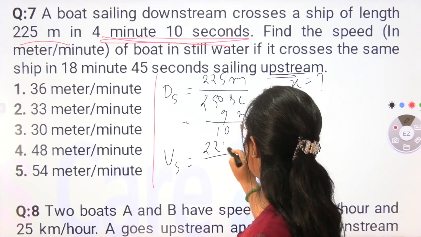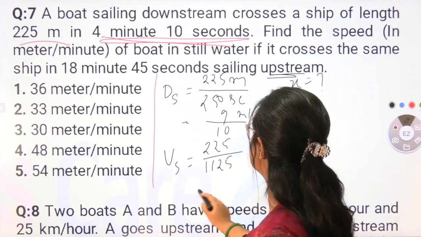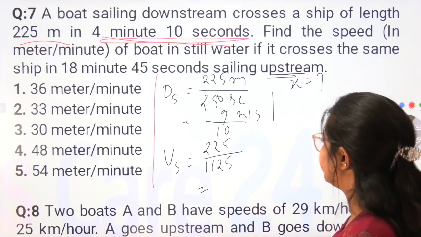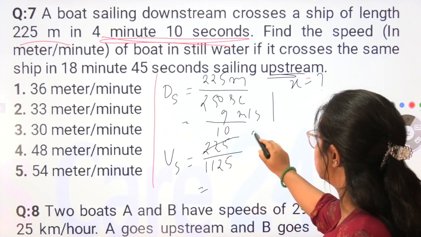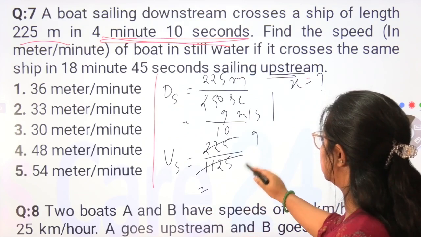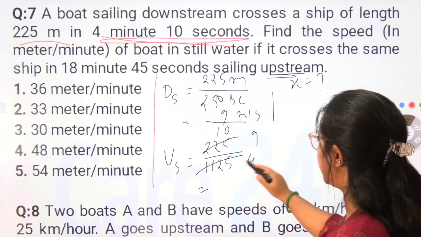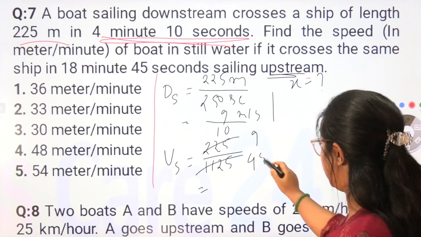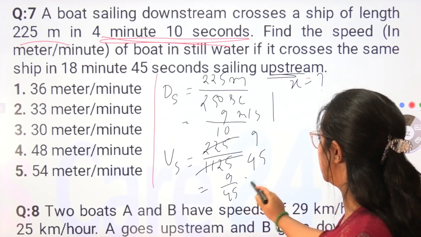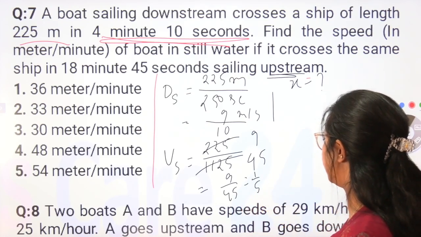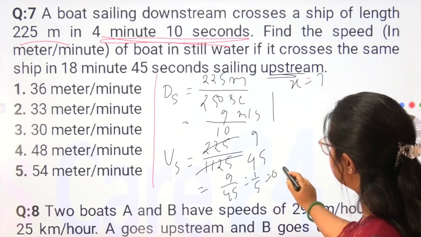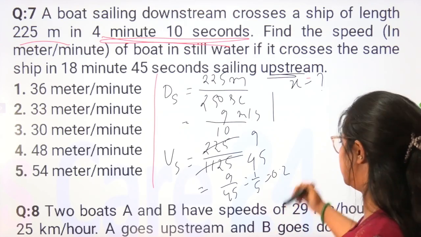So 225 divided by 1125. This is 9 times 25 over 25 times 45, so 9 by 45, which gives 1 by 5, that is 0.2.